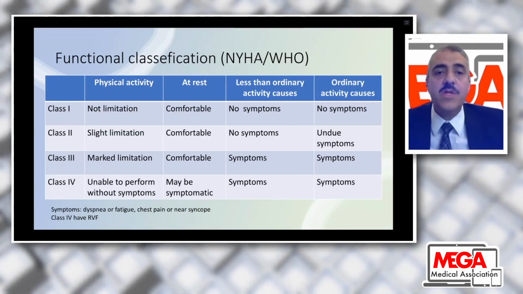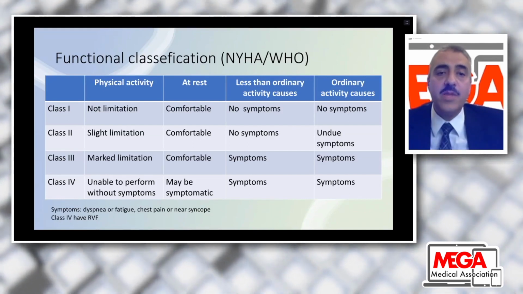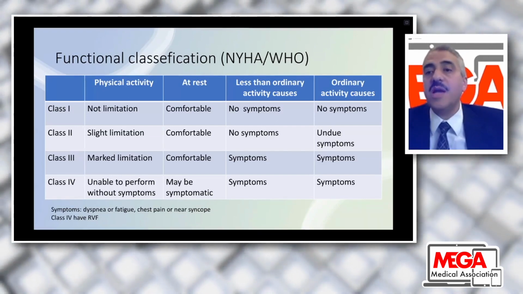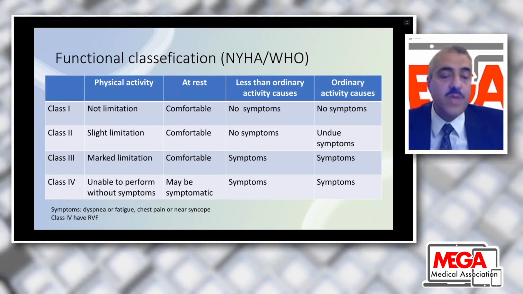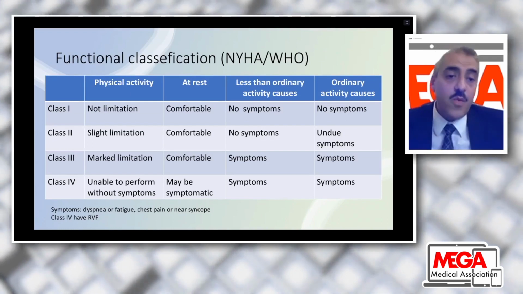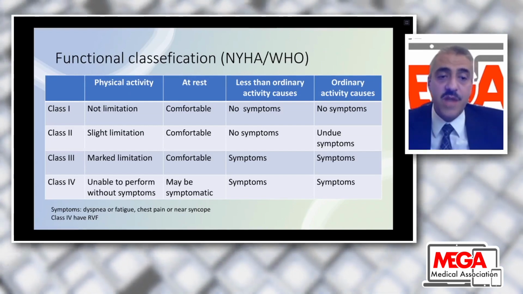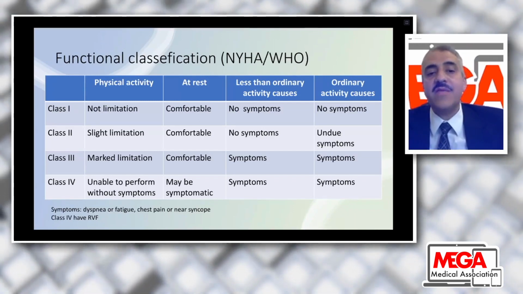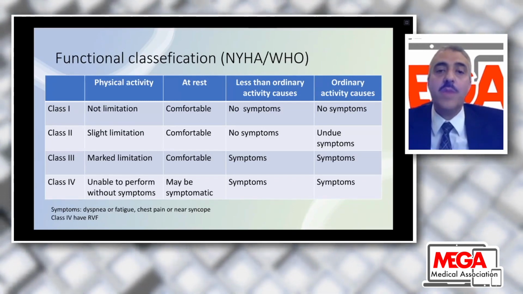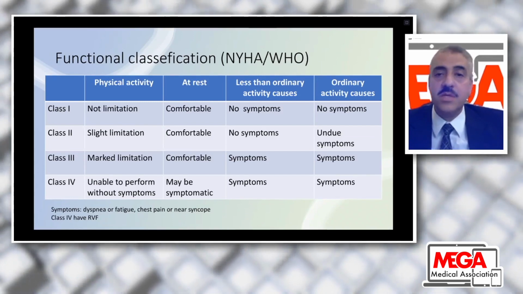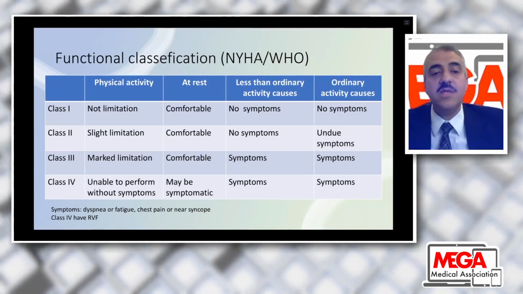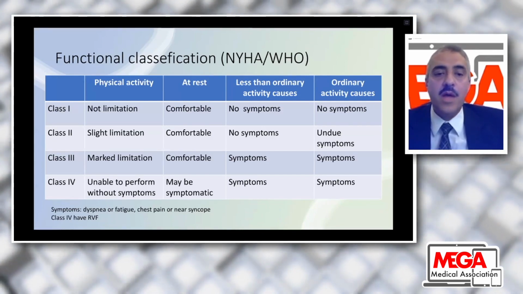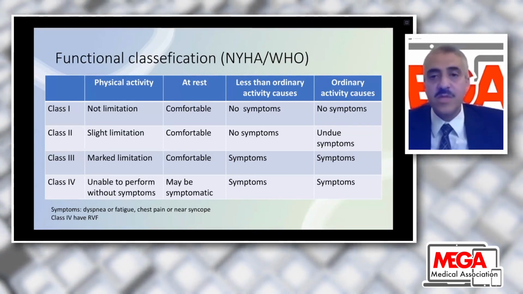Class 3, the patient complains of marked limitation of physical activity and cannot perform his usual activity throughout the day. Class 4, usually right ventricular failure, the patient is unable to perform physical activity without symptoms. He complains of symptoms at rest, in the form of dyspnea, near syncope, or sometimes arrhythmias.